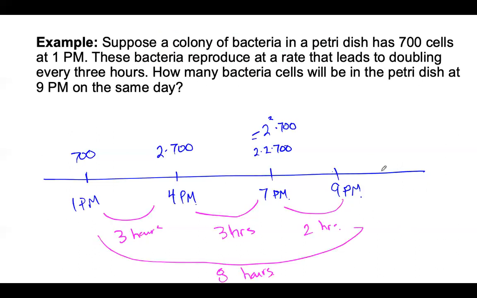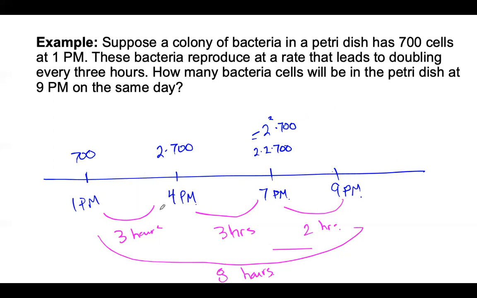I hope you kind of see that. So many hours later, so let's say if it were 6 hours, it'd be 6 divided by 3. So there would be 2 doubling periods. So there would be your time divided by how long it takes for it to double.